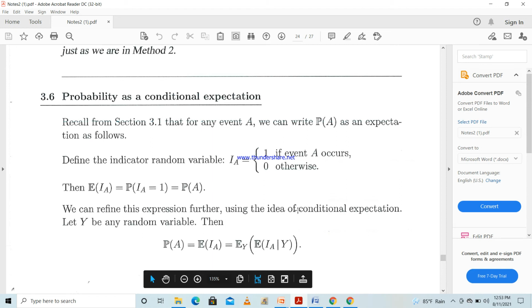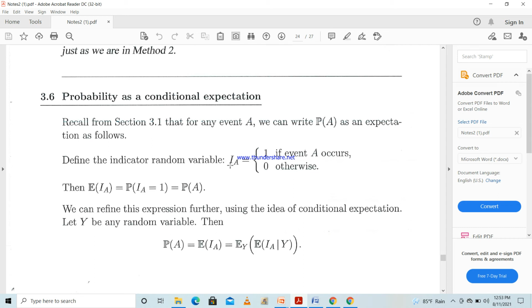And here, one last thing. If you can remember, in the previous sections we discussed that when you have a random variable and you are interested in its expectation, that expectation is equal to a probability.